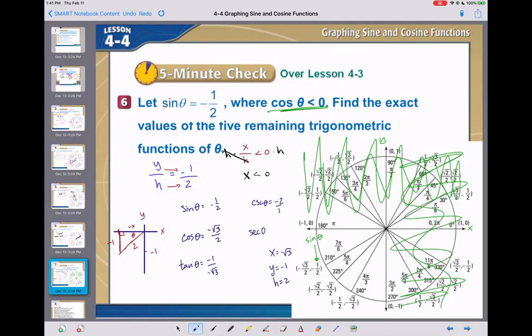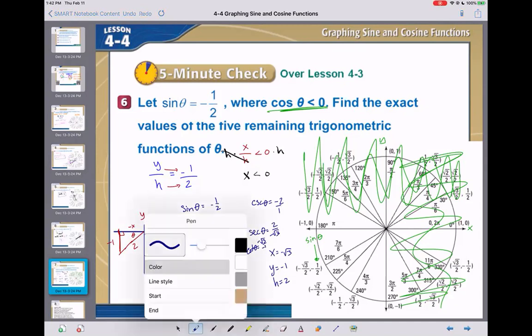Secant will be 2 over negative square root 3. And then cotangent is going to be square root 3 over 1. Both of these negative.